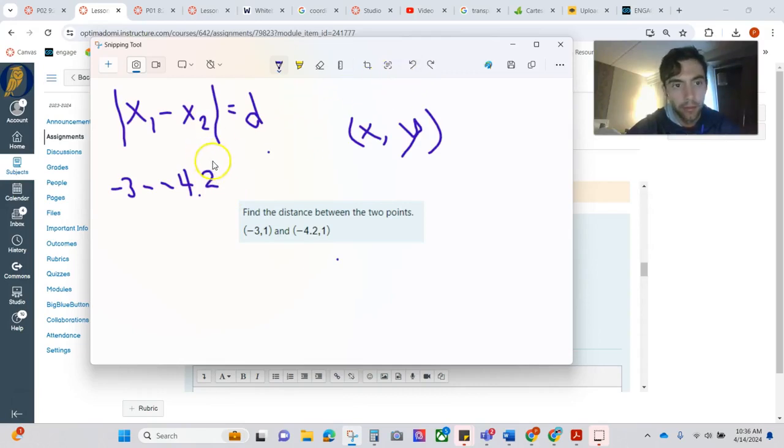And we're finding the absolute value of this. When we subtract a minus, when we lose a loss, if you're no longer sick, that is good. It is the same as adding or gaining. So let's rewrite this in a simpler way: -3 plus 4.2. It's like these two minus signs jumped on top of each other to turn into a plus sign.